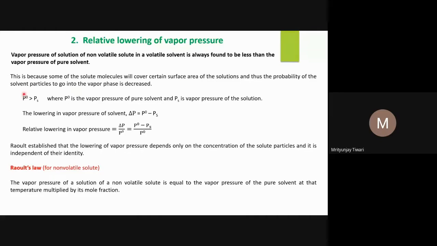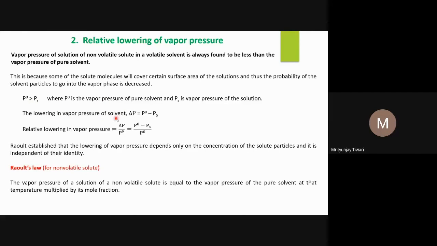So what does it mean? P naught, the vapor pressure of the pure solvent, will always be greater than the vapor pressure of the solvent in the solution phase. This is also the vapor pressure of the solvent, but it is in solution, mixed with a certain non-volatile solute.